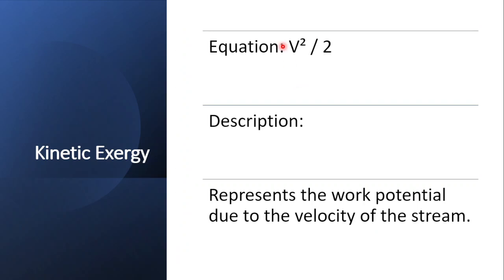Another question is about what the velocity squared divided by 2 represents: the work potential due to the velocity of the stream. This equation is related to the kinetic exergy.